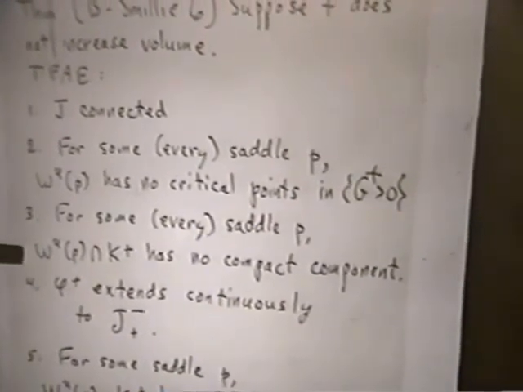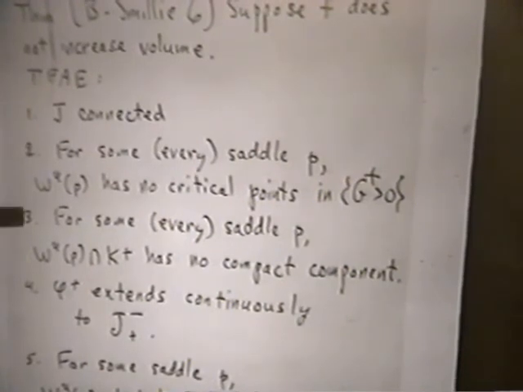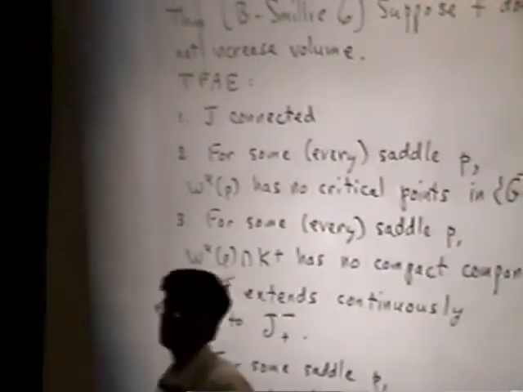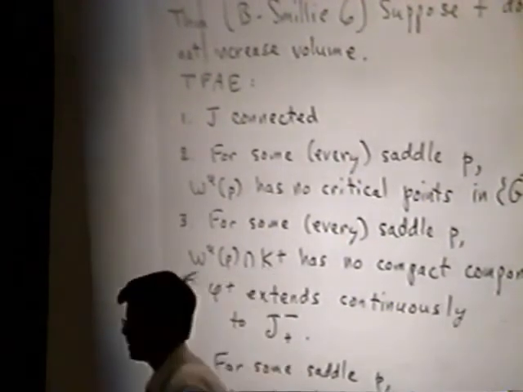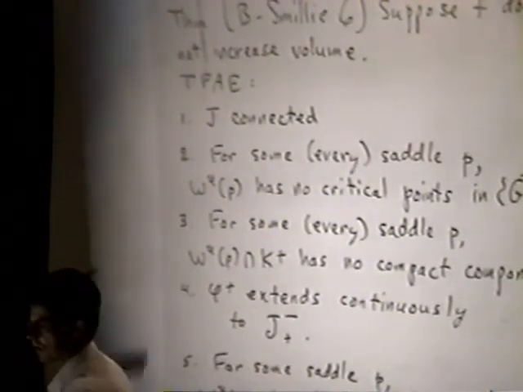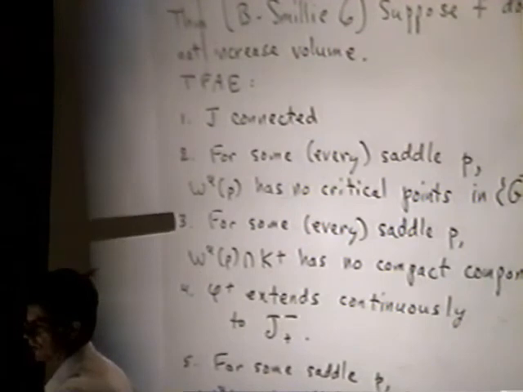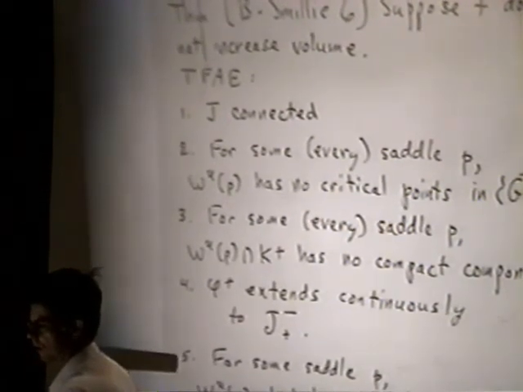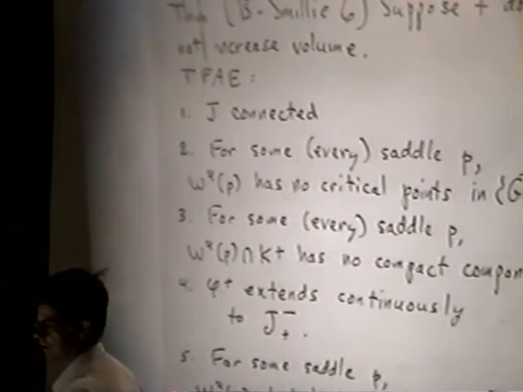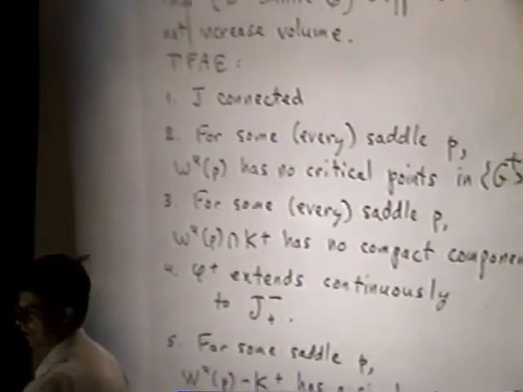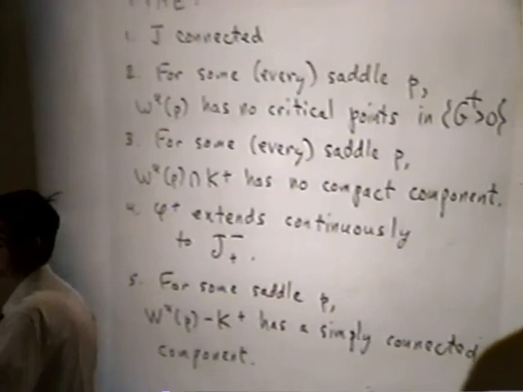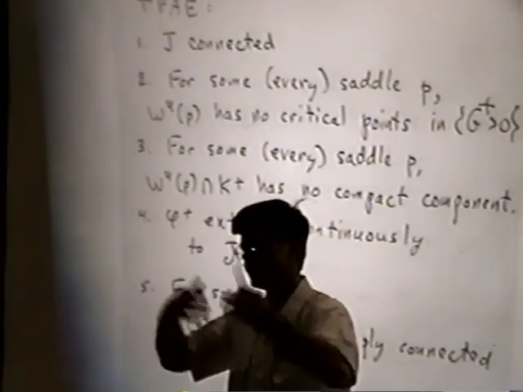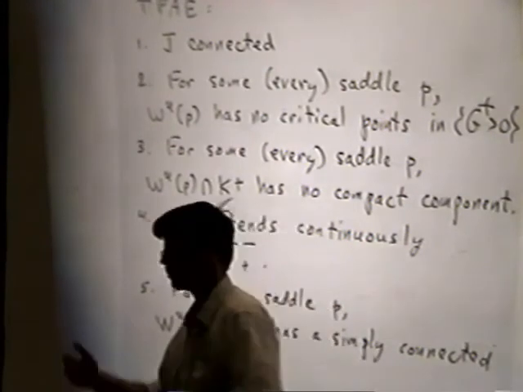Another version is that for a saddle point, this thing has no compact component. Condition 3 I restated down here in a slightly more aggressive form. If there is some saddle point P, and we look at the complement, then of course having no compact components means that all the components of the complement are simply connected.